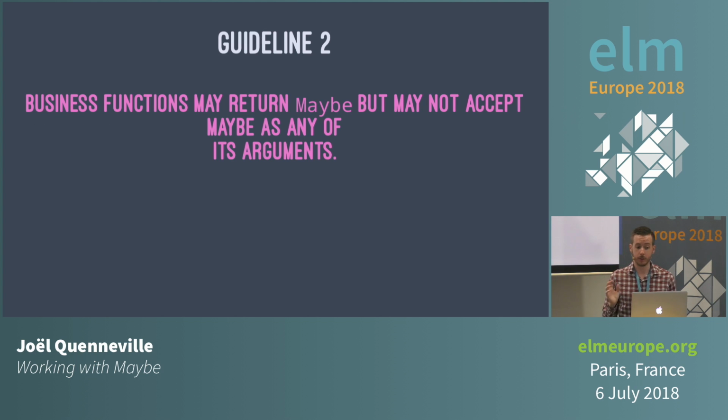Let's add a little bit more clarity. So it's probably best in most cases to not have any maybe at all in your type signatures. But there are some cases where you must have it. And if so, you can have it as the return value, but not as an argument. Now, because it's in the return value, the next time we want to chain something onto this, we are going to have to deal with a maybe again.